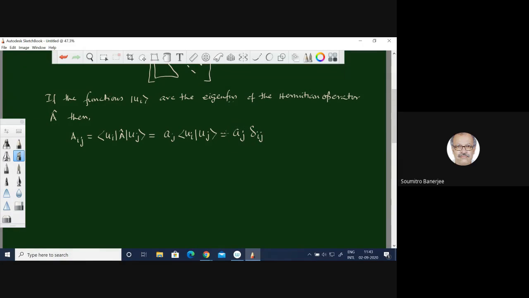So if this condition is true, that means the basis vectors are the eigenfunctions of the operator that we are trying to define as a matrix, then A will be a matrix with all zeros off the diagonal, and these are A1, A2, the eigenvalues.